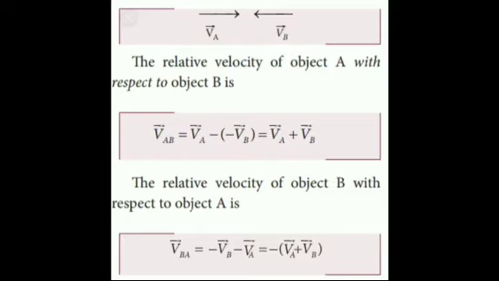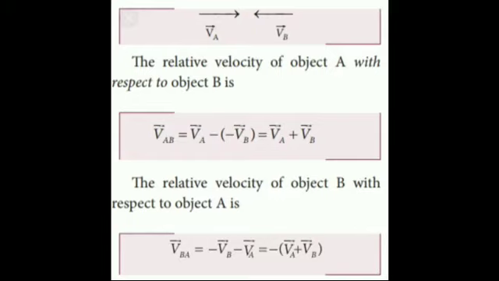Now the relative velocity of object A with respect to object B, vector VAB, is equal to vector VA minus open bracket minus vector VB, which is equal to vector VA plus vector VB. So opposite direction means we put a negative sign. Here the negative sign indicates the opposite direction of the object.